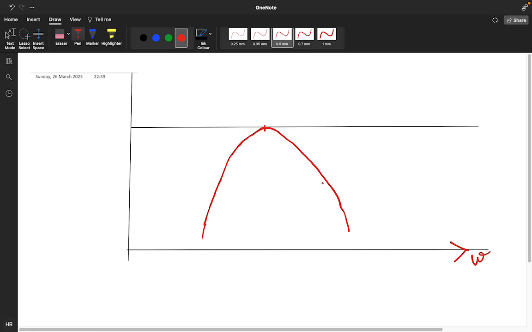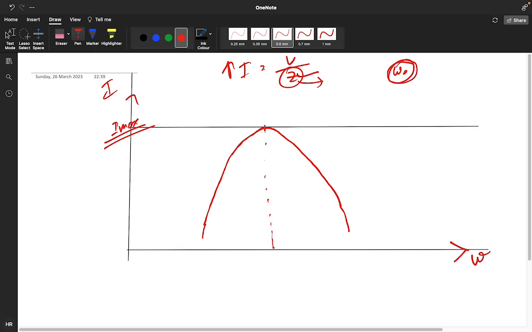This is my frequency, this is my current. At what frequency am I getting the maximum value of current? Because I is equal to V by Z, and if Z is low, then we get high current. And Z is low when you have the omega naught frequency. So this is my omega naught frequency.